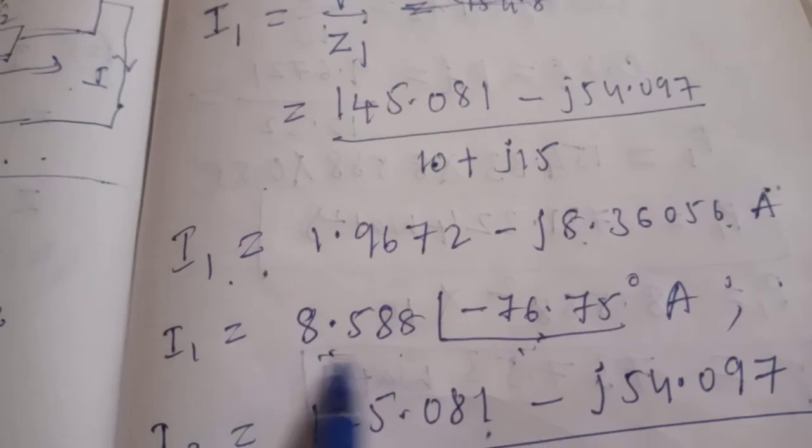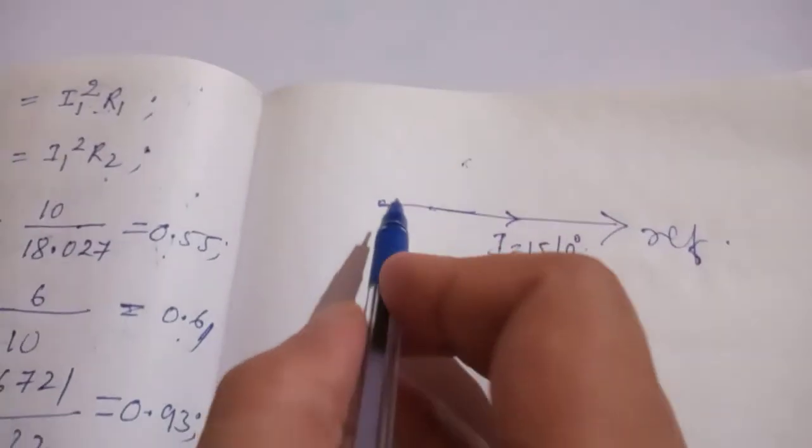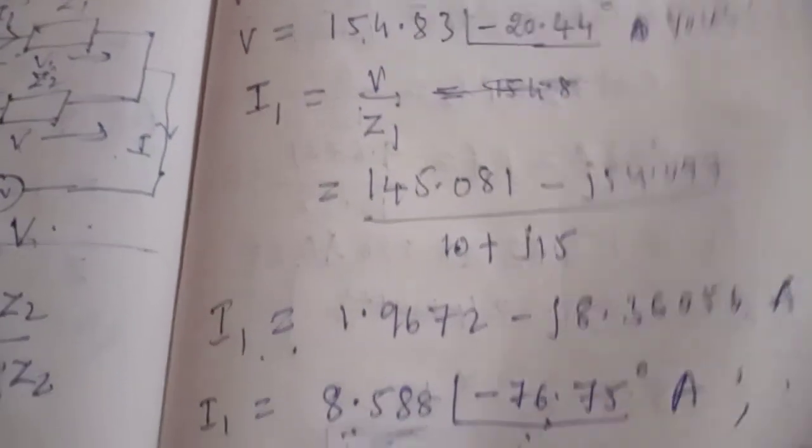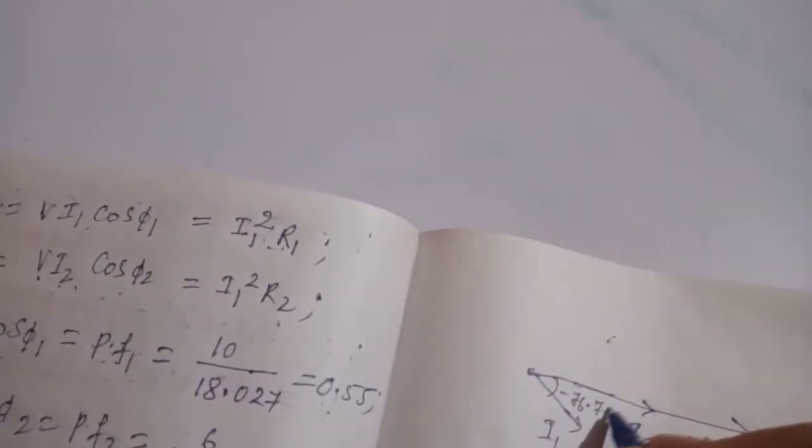Since it is 8.58 magnitude, I am taking almost half of it at an angle of minus 76.75 degree. That is I1, so let me mark this as I1.